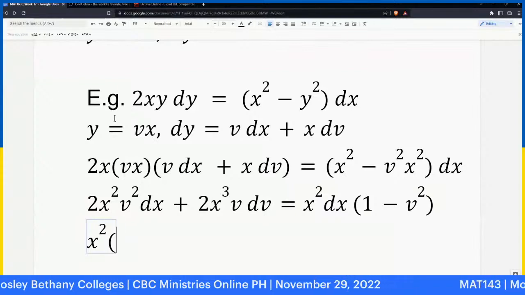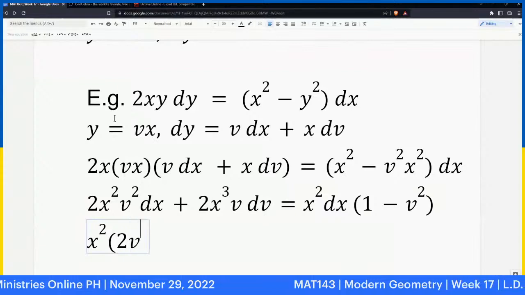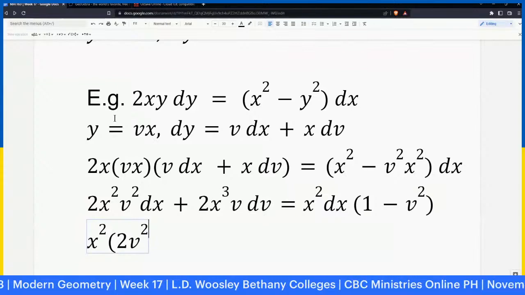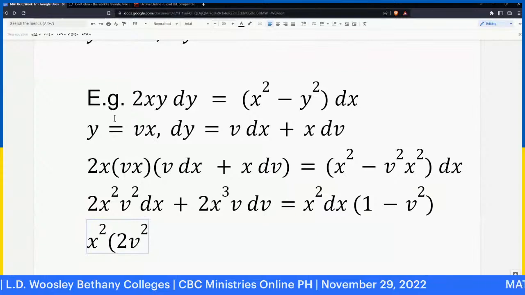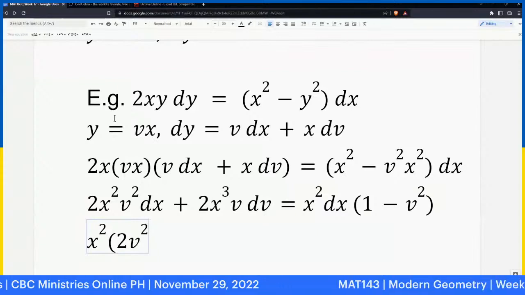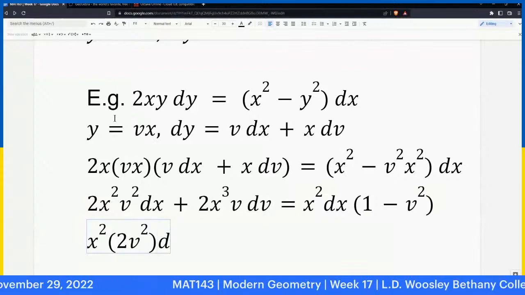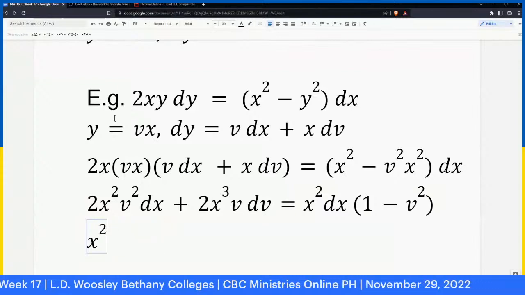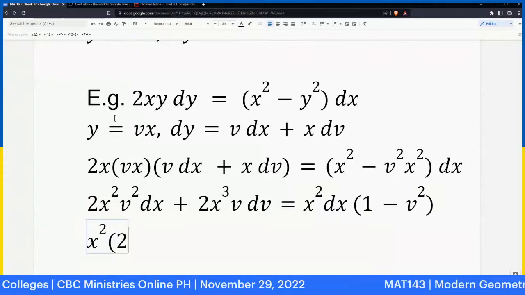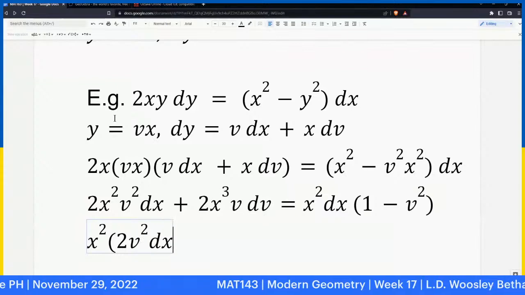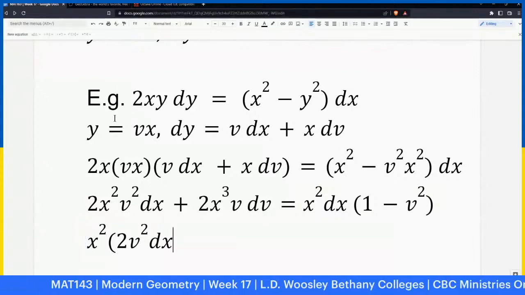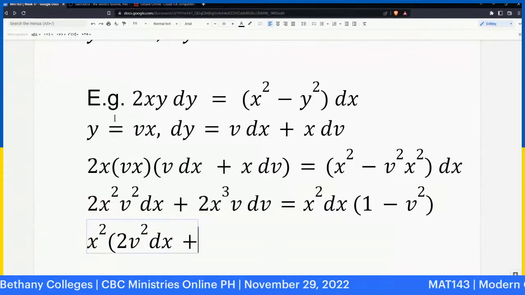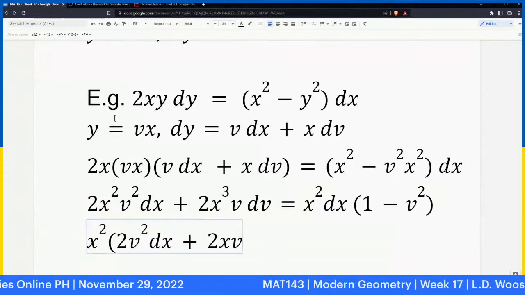Sige, x lang muna. Try natin x. Okay, 2 dx. xb na lang, bb.